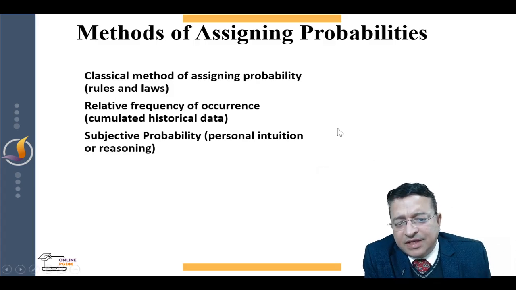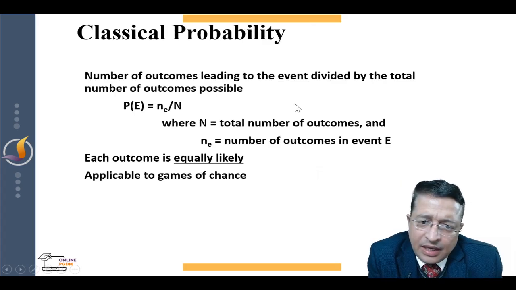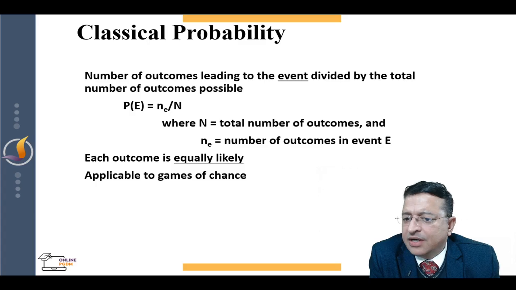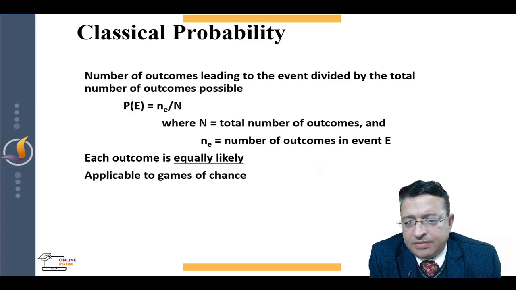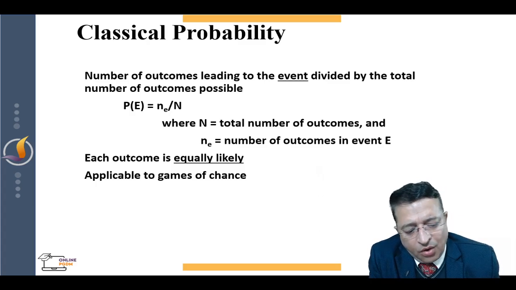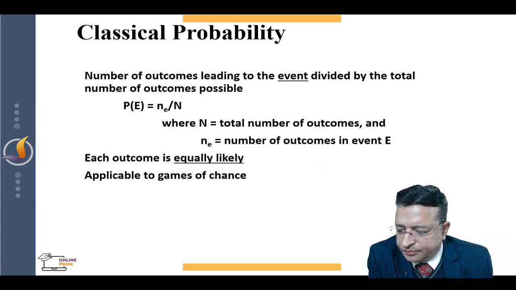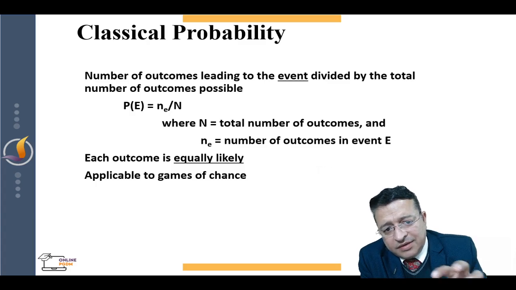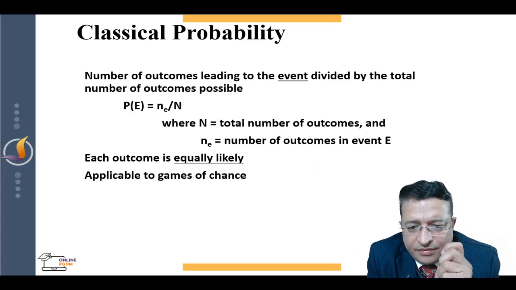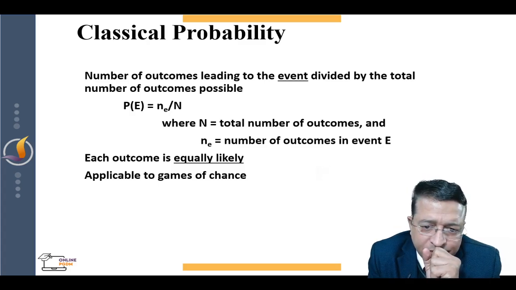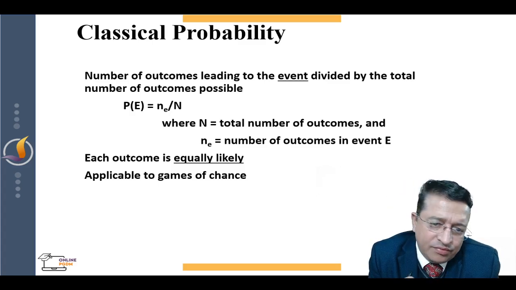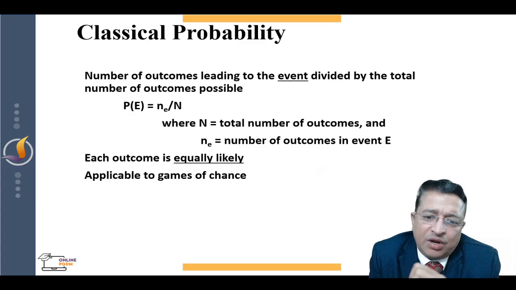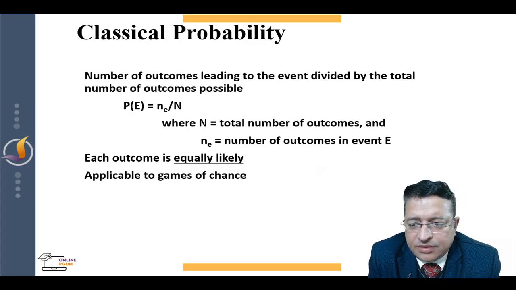What the classical method says is, if you have conducted some experiment and you know all the possible outcomes of that experiment, and out of all those possible outcomes you know the outcomes which are in your favor, for which you are looking, then favorable outcomes divided by the total number of possible outcomes is nothing but the classical probability.